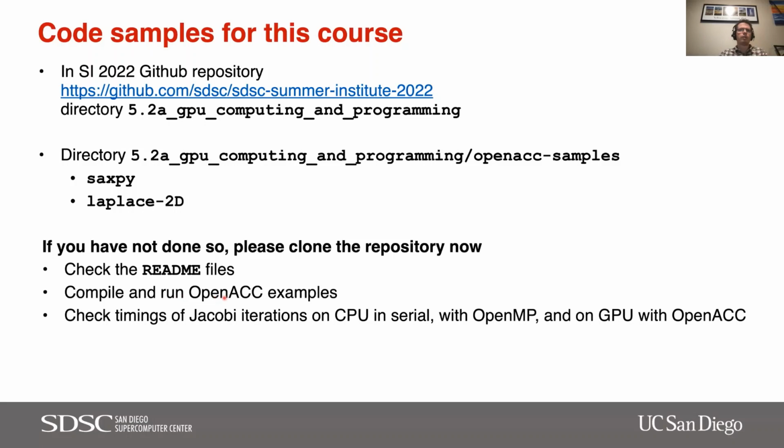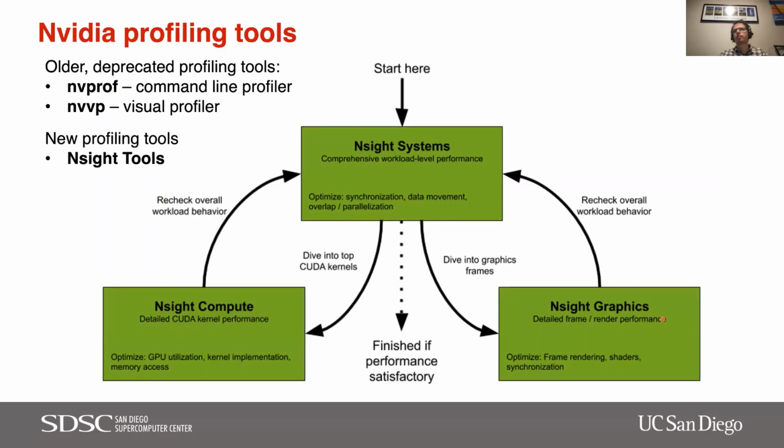Compile and run the OpenACC examples, and you can use the PGI compilers, or you can try to use NVHPC. So the NVIDIA compilers should be able to do this the same way. And then you can check the timings on the CPU in serial, OpenMP parallel, and running on the GPU with OpenACC, what you get on advanced GPU nodes with the V100 GPUs.